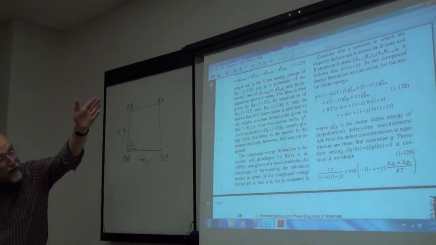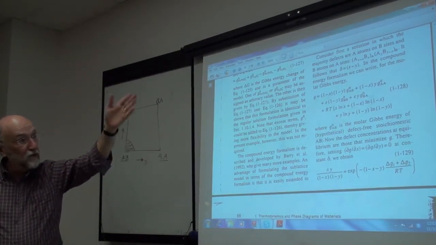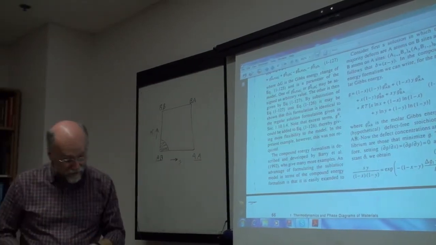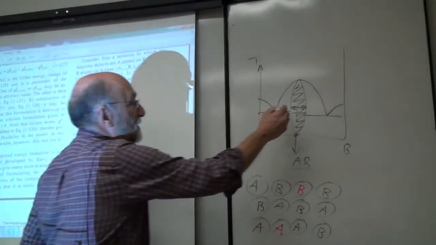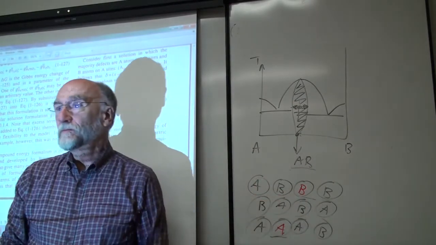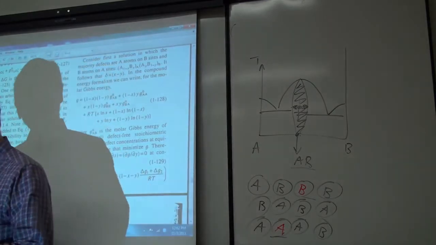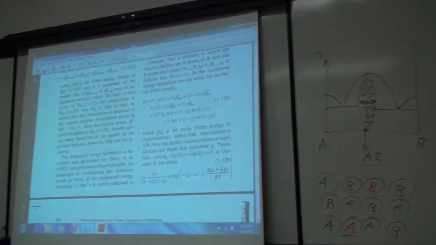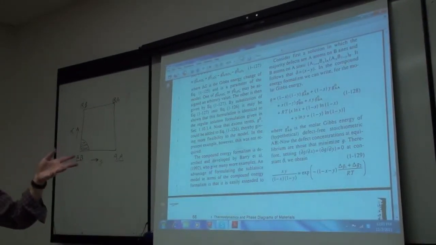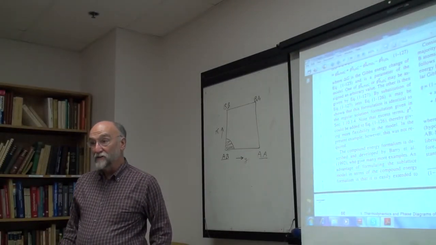Well, because even at the stoichiometric composition, even when you've got a compound at 50-50, say here you've got a compound containing the same amount of A as B, you're still going to have defects. The number of B defects will equal the number of A defects, but they're not zero. It's exactly the same thing as I showed for the number of vacancies in a pure metal. The number of vacancies in a pure metal at equilibrium is not zero.